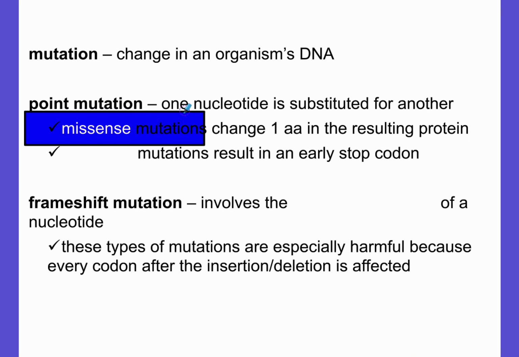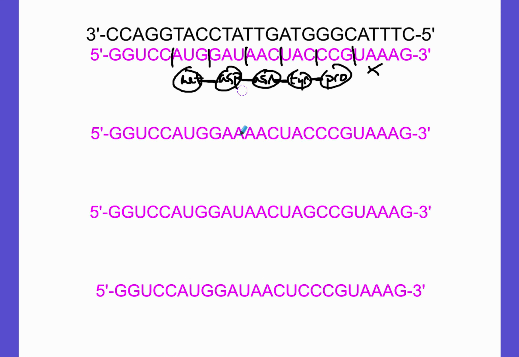Again, the first type is a missense. I'm supposed to only change one amino acid. And if you look at this line versus this line, the one difference is that I put an A here instead of a U, right? If that's going to happen, it could be a mistake in making the RNA. But if it's going to be a mutation, it has to be something that lasts, right? So that means that I couldn't have had an A here in my DNA.